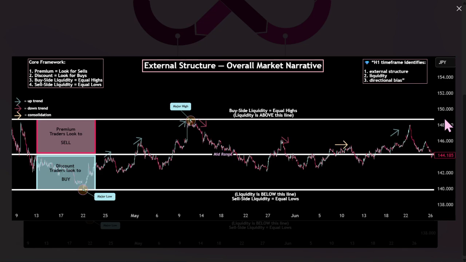So that's how I remember the premium versus discount. When you think of the word premium, it's high value. When you think of discount, it's cheaper. So if you don't learn anything else, premium means look for sells. Discount means look for buys.